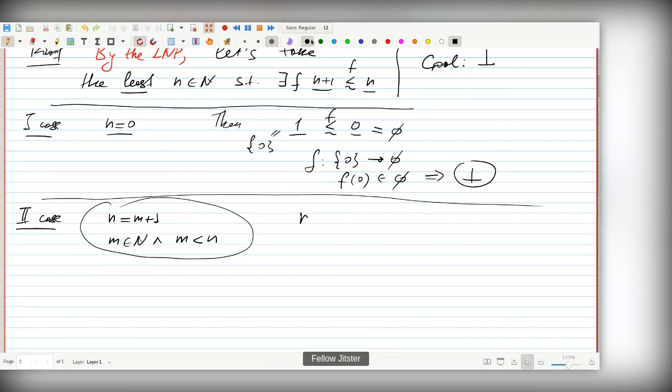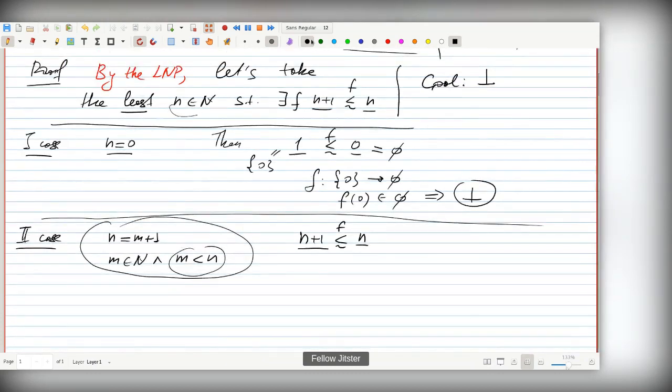We have that n plus 1 is embedded into n via our function f, but look, as m is less than n, and n was the least strange number, we have that m plus 1, which is the same as n, m plus 1 is not embeddable into m. For no less a number is our strange injection possible.